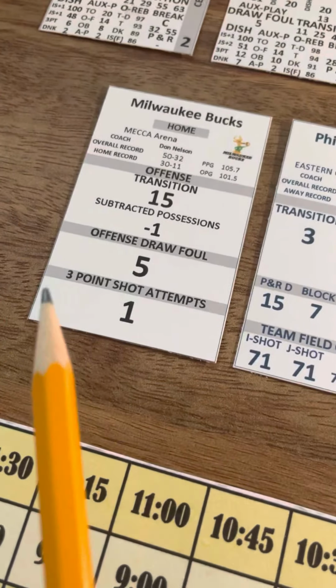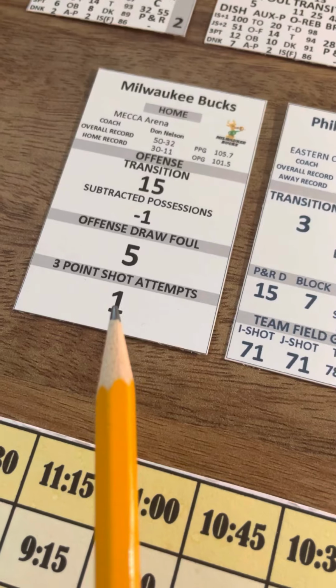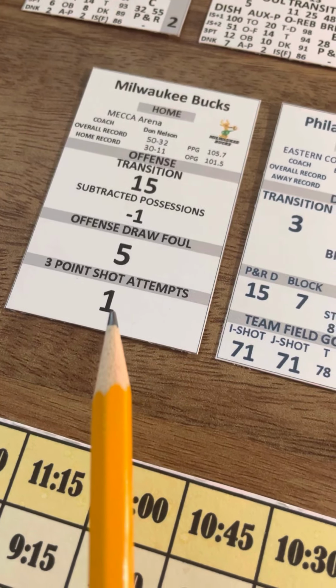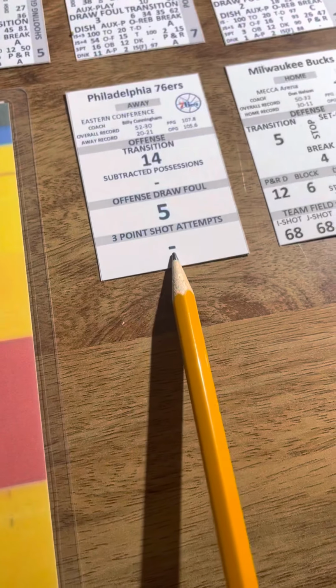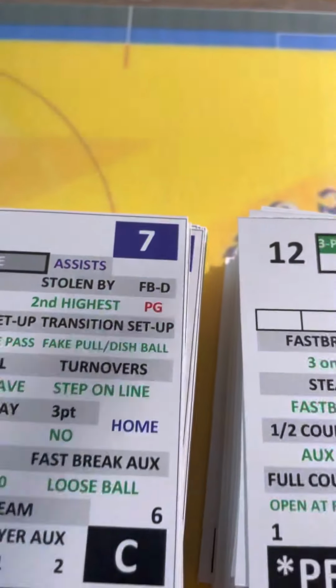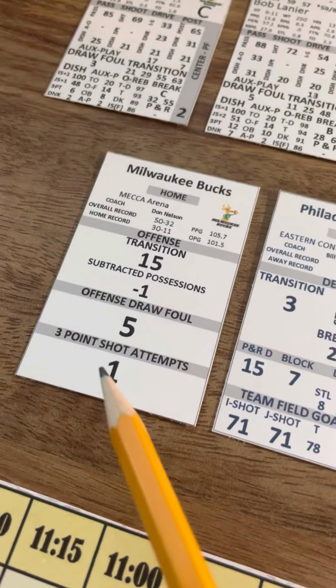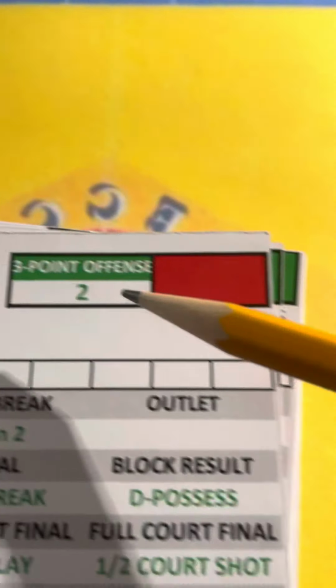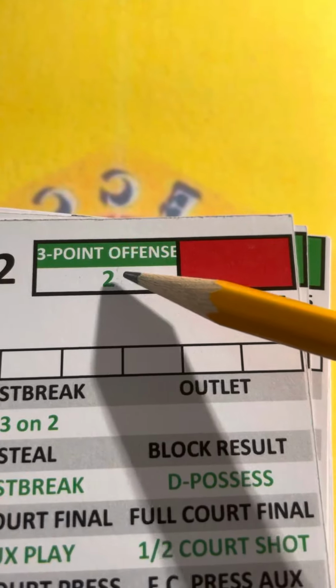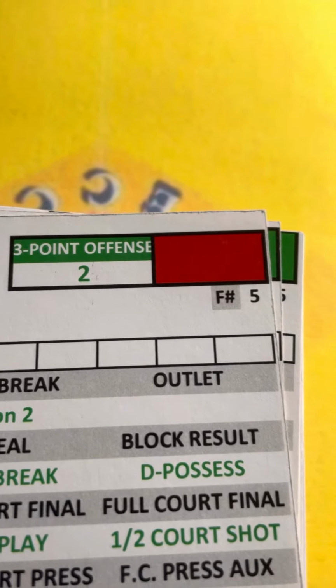As you can see in 83-84, the Bucks didn't shoot many threes, so there's a 1 in 20 chance that they're going to shoot a three-point shot. Sixers didn't shoot any, but for comparison's sake, the 2014-15 Golden State Warriors, this number is a 6. So in this case, they would be taking a three-point shot off of a pace check.